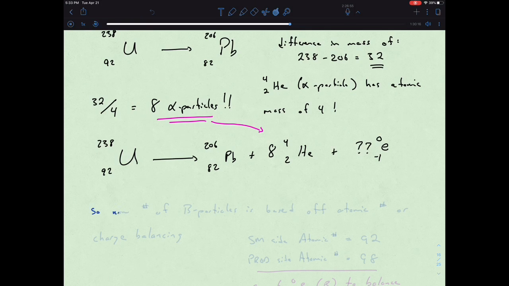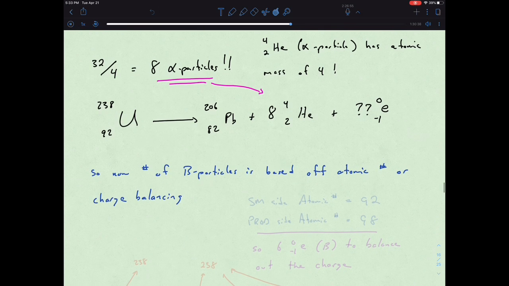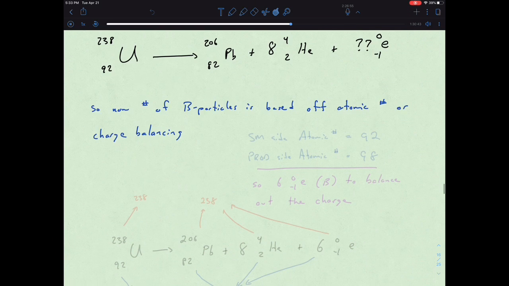So now, the number of beta particles is basically based off the atomic number or charge balancing that needs to happen. In terms of our starting material side and atomic number, we have a sum of 92.